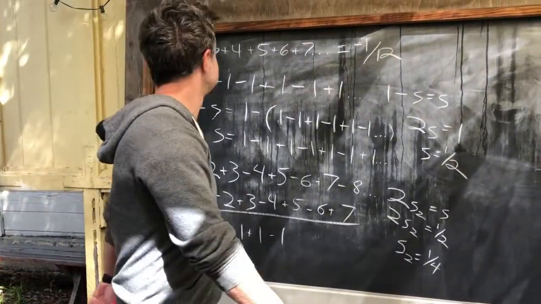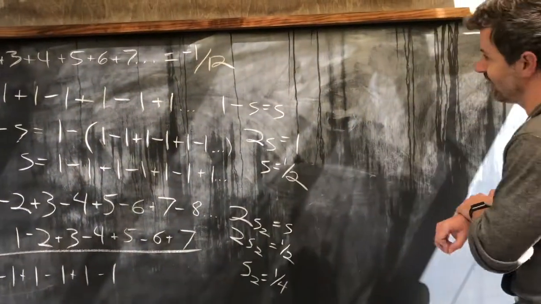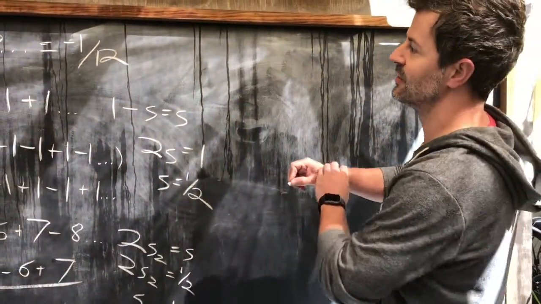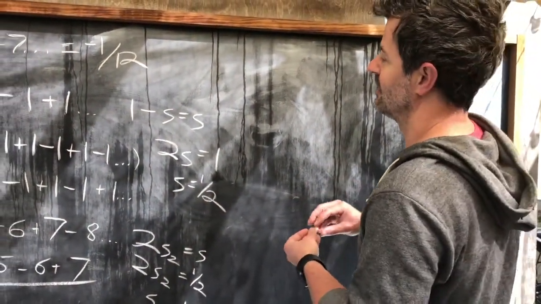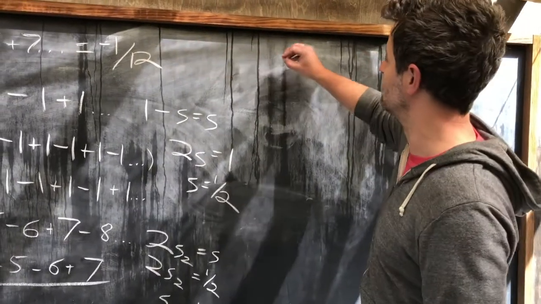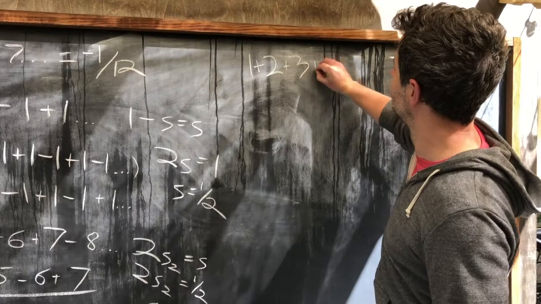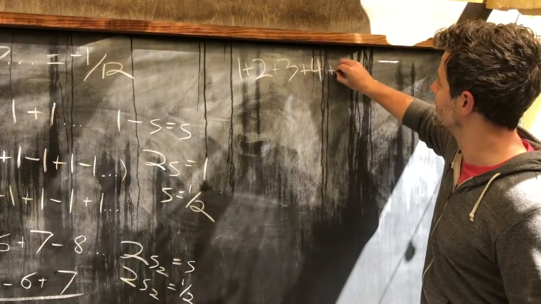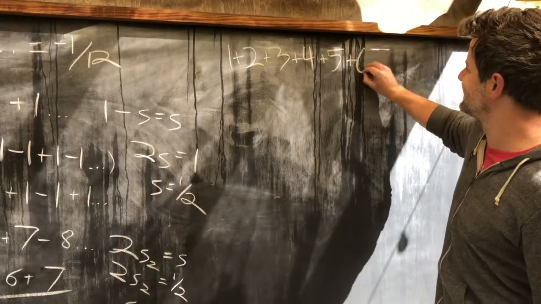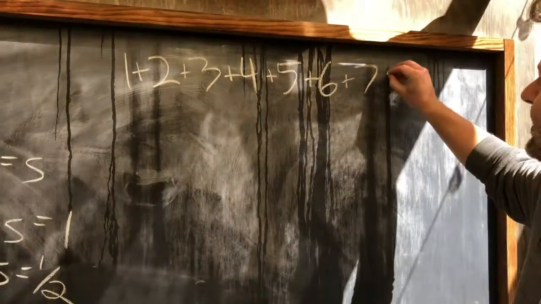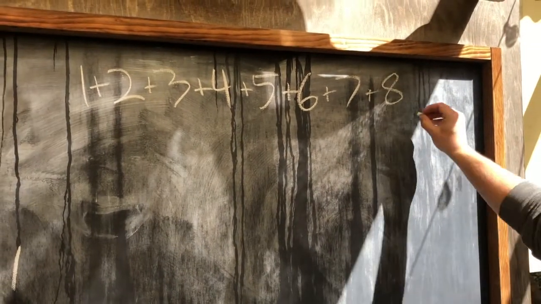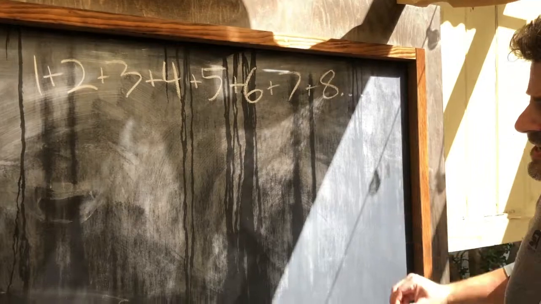Coming back to that. So, over here, we're going to come back to this original one: 1 plus 2 plus 3 plus 4 plus 5 plus 6 plus 7 plus 8, continuing on.